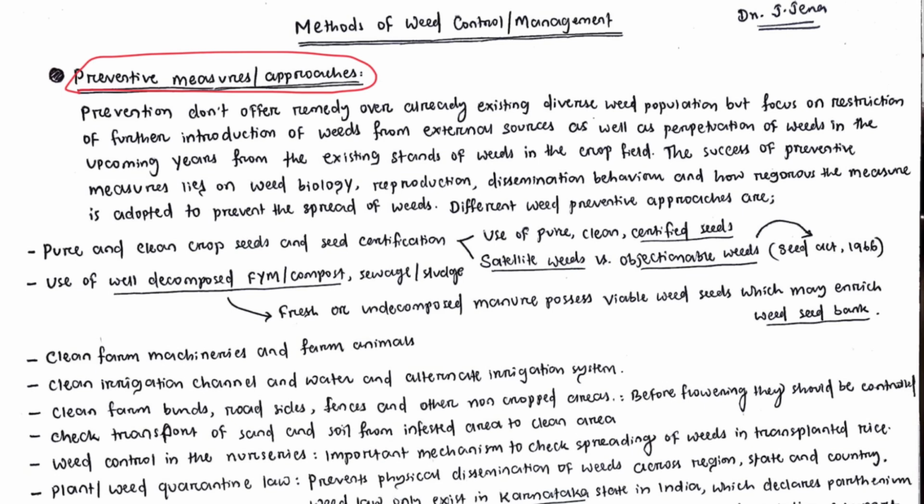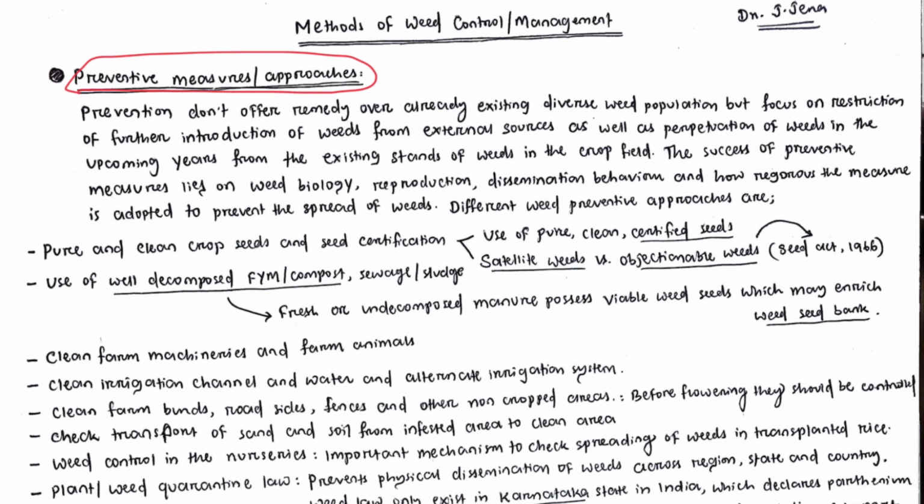So before this infestation, we must ensure that we are not allowing the weeds in our crop field. That is what prevention means. Prevention means we are doing certain management aspects so that we are preventing the weed seeds or undesired plant from coming over our field.